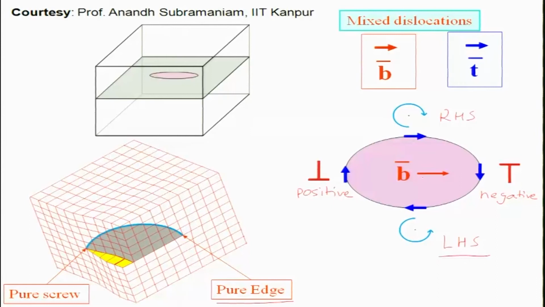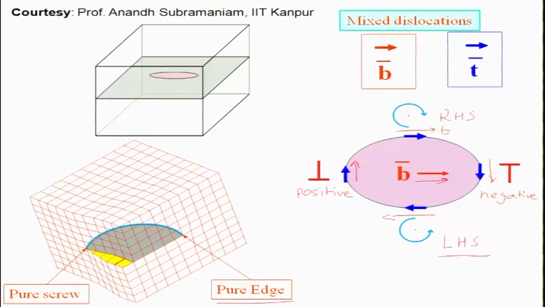So B and T are perpendicular in both the configurations. In these cases this is your T, this is the B. In this case this is the T, this is B. Here this is T, this is B. Here this is T and the one in the center is the B. So you can see that the relationship between B and T is honored.